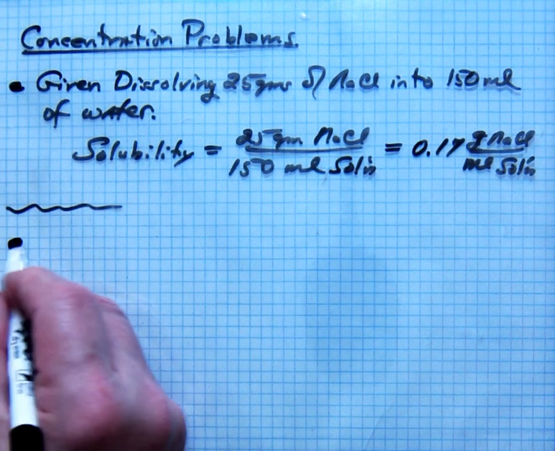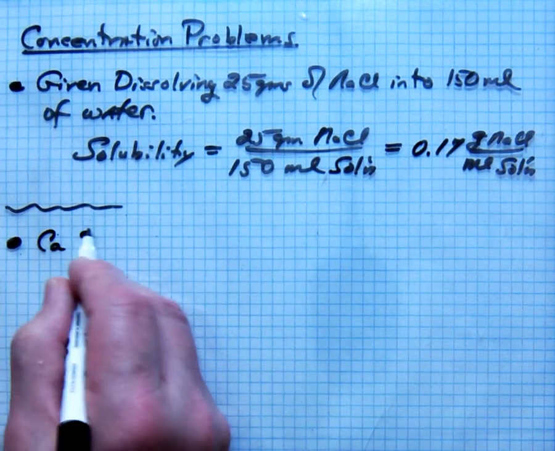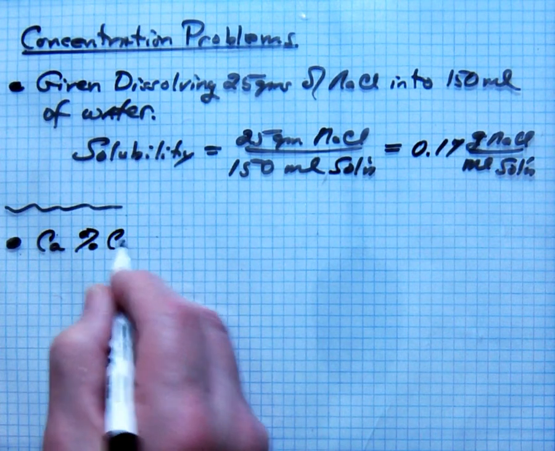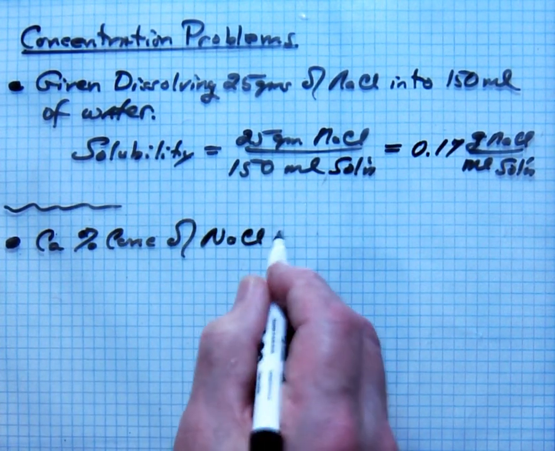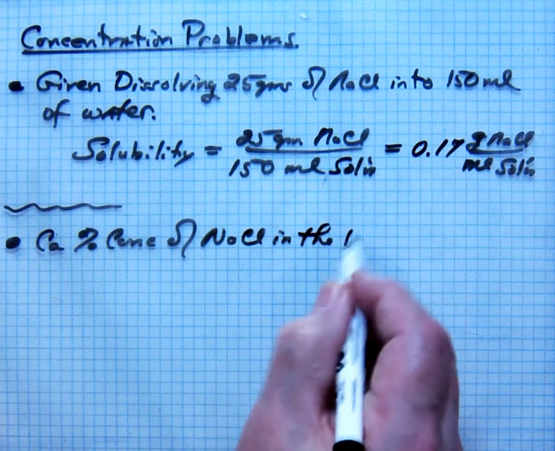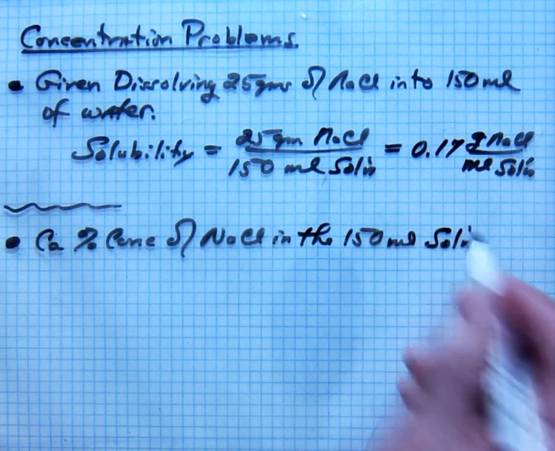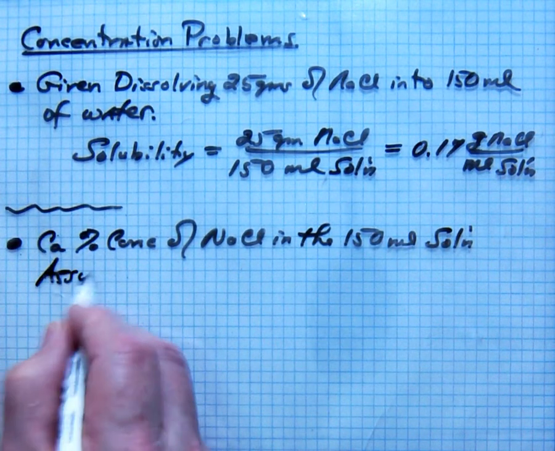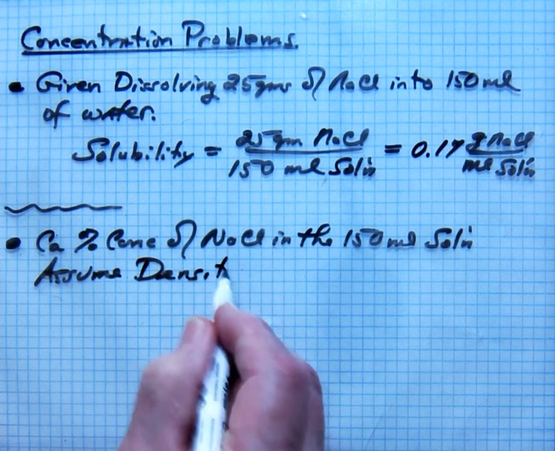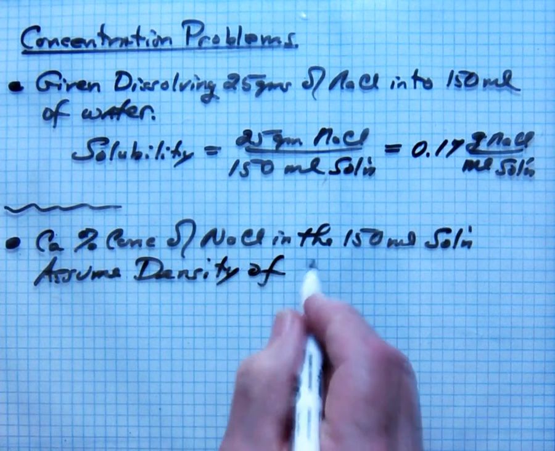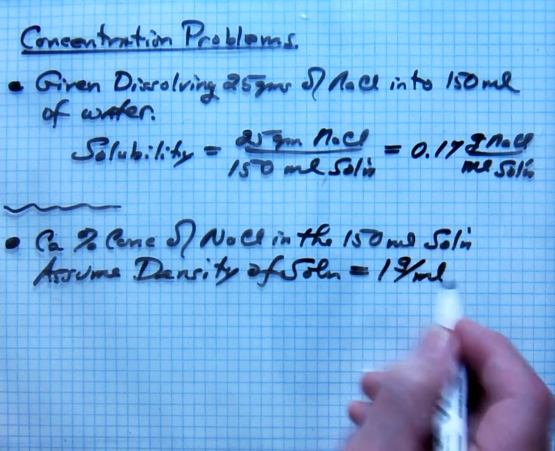Here's another one. From this same problem, calculate the percent concentration of NaCl in the 150 milliliter solution. Assume density of the solution equals 1 gram per milliliter.